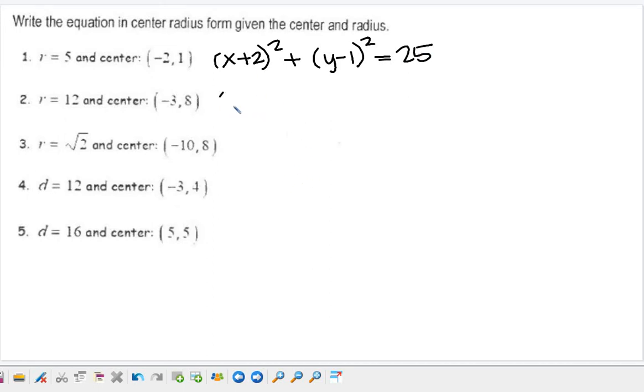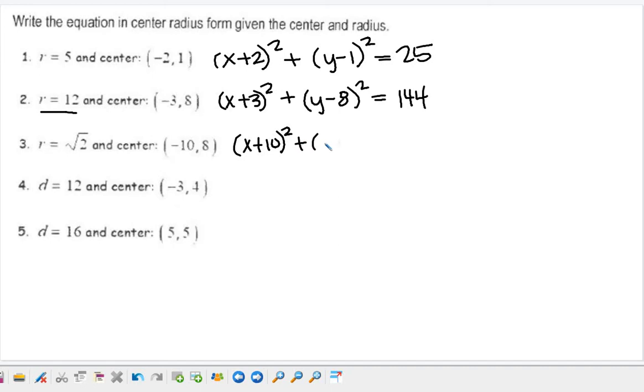Okay, so again, opposite, so (x + 3) squared plus (y - 8) squared is equal to the radius squared, so 12 squared is 144. So number 3, (x + 10) squared, (y - 8) squared, square root of 2 squared is 2.